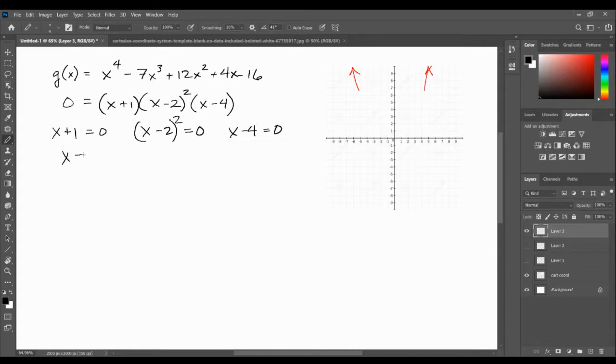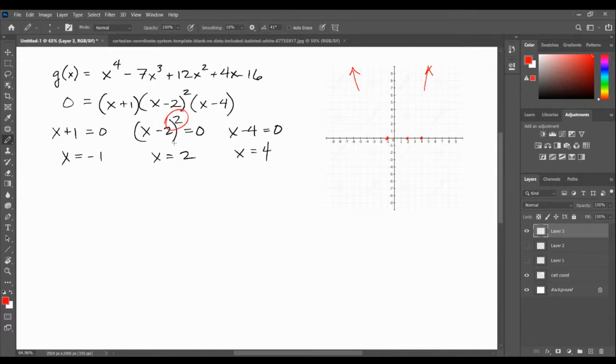So we'd get x equals -1, x equals 2, and x equals 4.